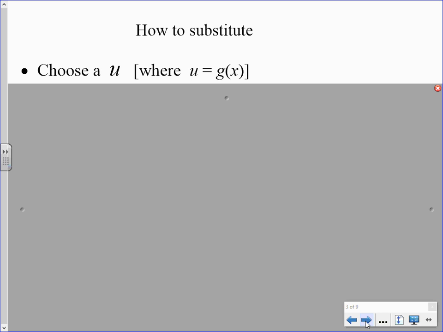First of all, you are going to choose a u. Something inside of your integral, you're going to say u equals whatever that is. Typically, it's going to be what is inside a function.